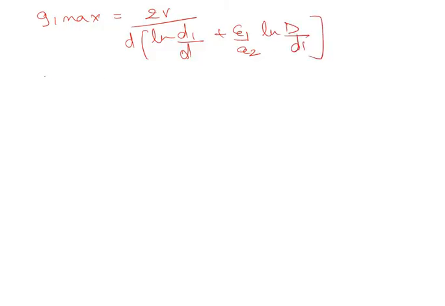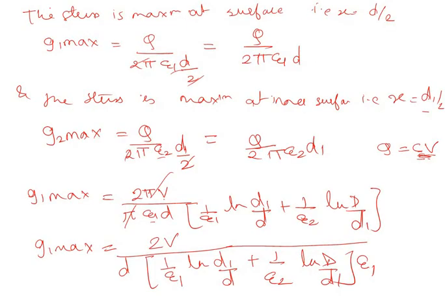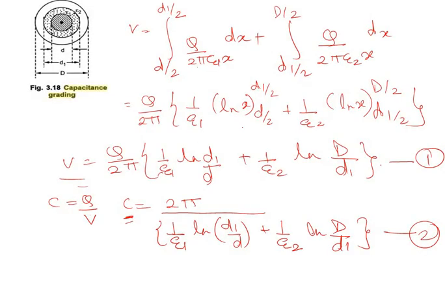Now similarly, we have to calculate for G2 max. In the same way, for G1 max, what we have done is we equated Q is equal to CV. The value of C I have taken from this equation, C is equal to 2 pi, and V is as it is.